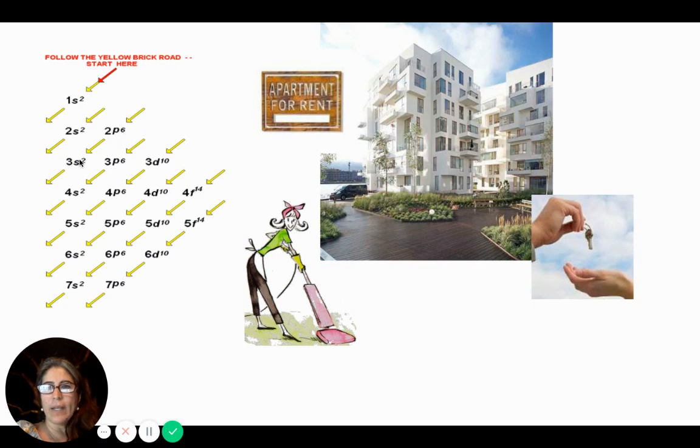Then you open this room that is on the 3rd floor with 1 bedroom, and then here is when it starts becoming a little bit tricky. You open the next room, which is in the 3rd floor with 3 bedrooms, enough space for 6 people. And then instead of opening the room in the 3rd floor that has 5 bedrooms, you decide to open one in the 4th level. Why? Because it only has 1 bedroom.